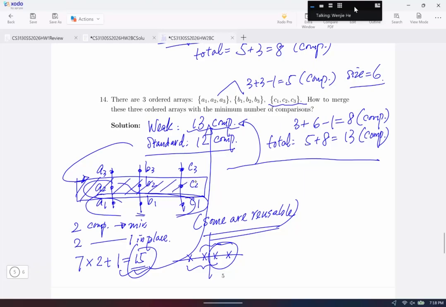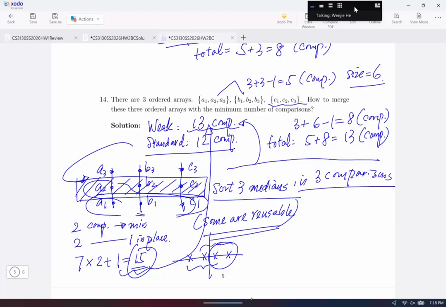I sort the 3 local medians in 3 comparisons. So I use my first 3 comparisons to sort these 3 medians.